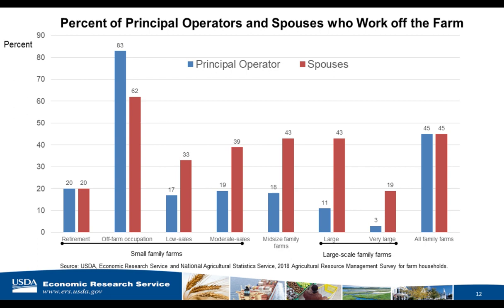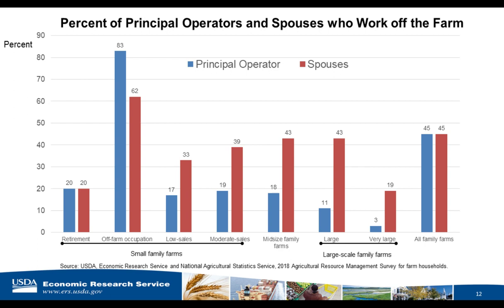Over 41% of U.S. family farms fall into this, quote, off-farm occupation typology class. And just a reminder, those are principal operators who declare an occupation that is not farming. Over 80% of those operators from the off-farm typology class work off the farm, as do 60% of their spouses.